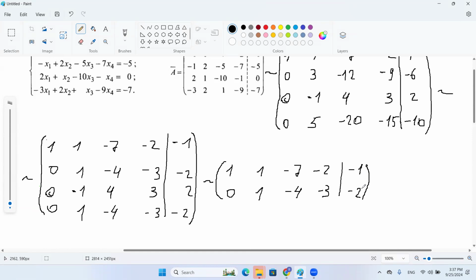And as we can see, the rank of this matrix A is 2, because this minor is non-zero. So this one equals 1, and it's not 0. So rank of A is 2.